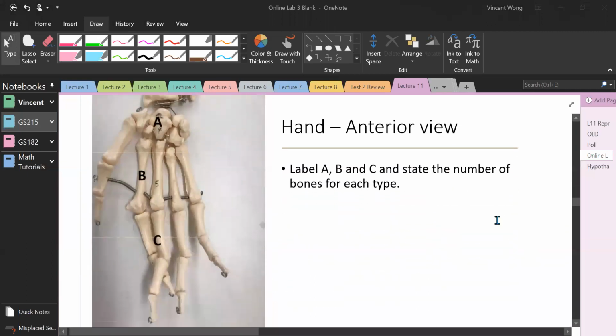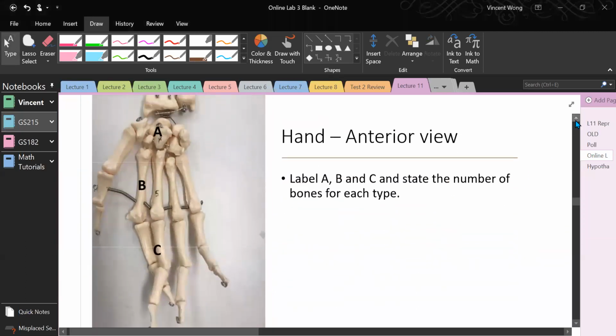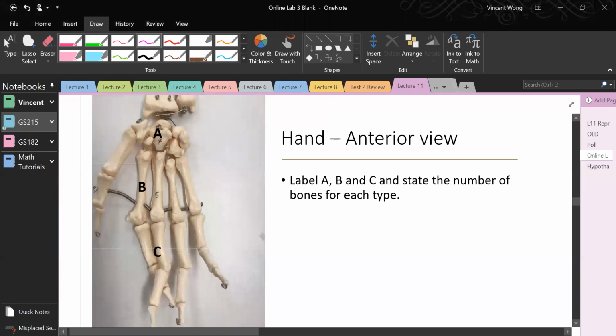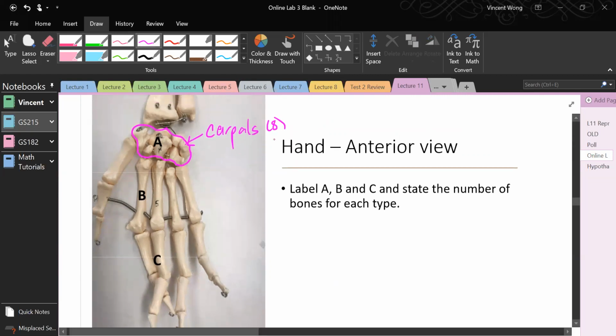This is the hand, and we're looking at it from the front. So A, which are the egg bones here, that's the carpals. You might have heard of carpal tunnel syndrome. Carpals, 8 of them. These ones, 5 of them, are the metacarpals.